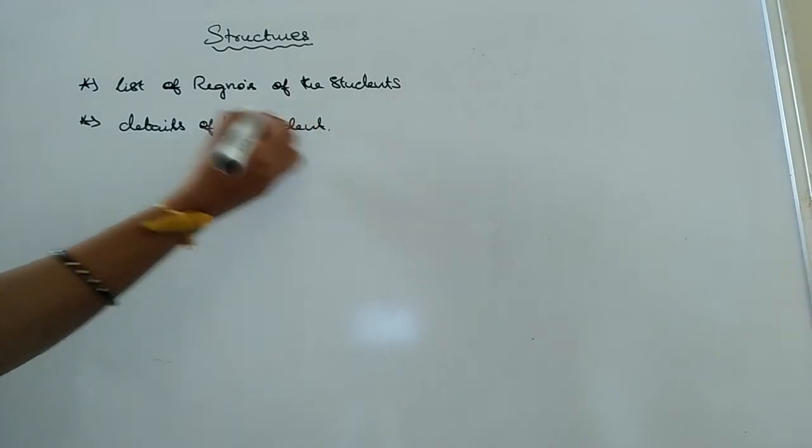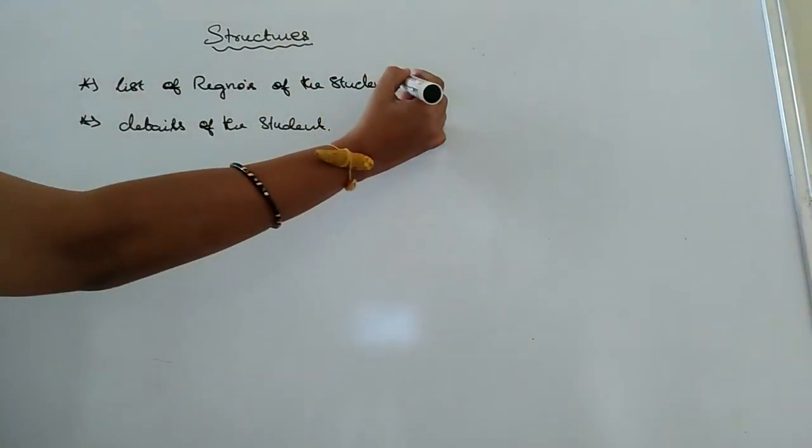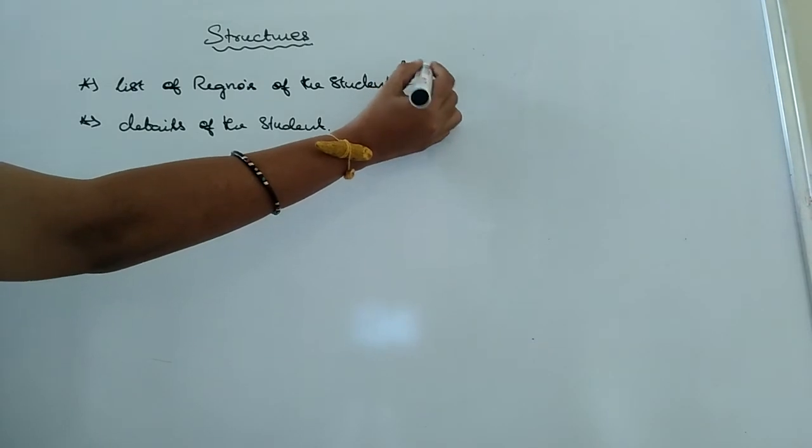The first one is a list of register numbers of the students. It means we are going to store the register number of all the students. So definitely the data type of the register numbers will be of the same type. So for implementing this one, we can make use of an array.